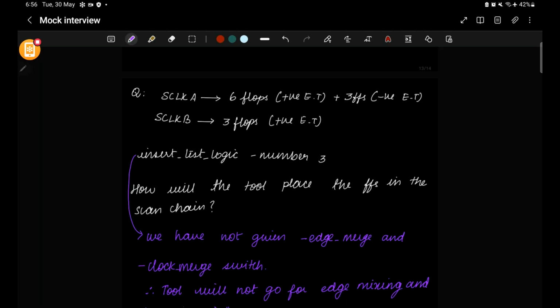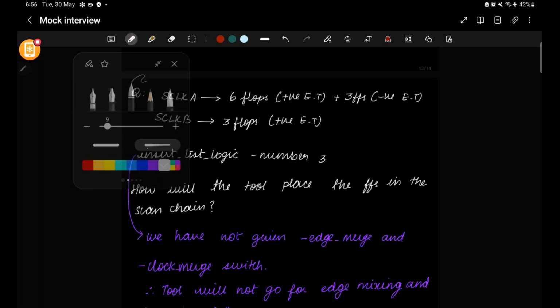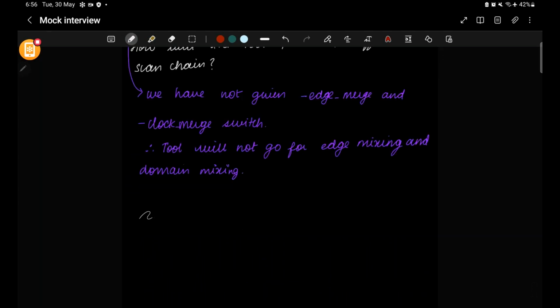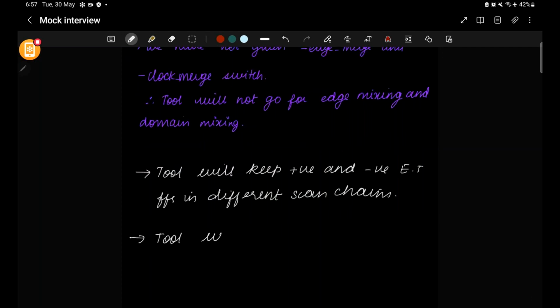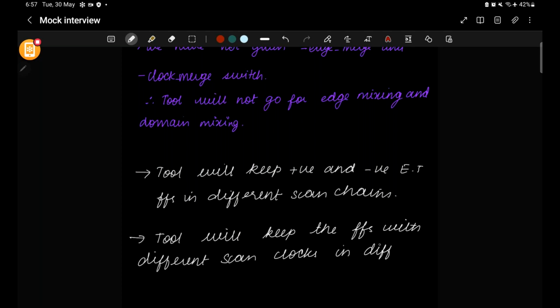If you have not given this hyphen edge merge and hyphen clock merge switch, then the tool will keep positive and negative edge triggered flops in different scan chains, and the tool will keep the flops with different scan clocks in different chains.